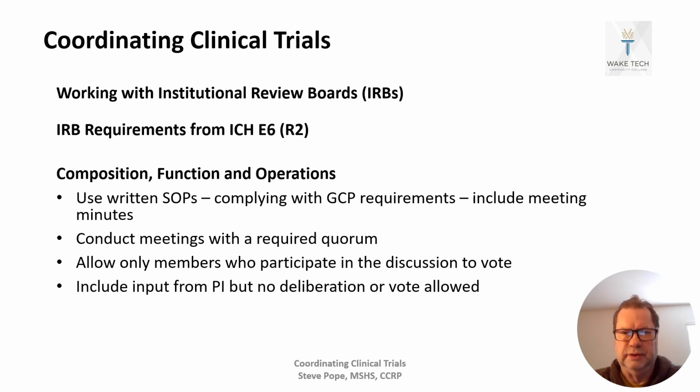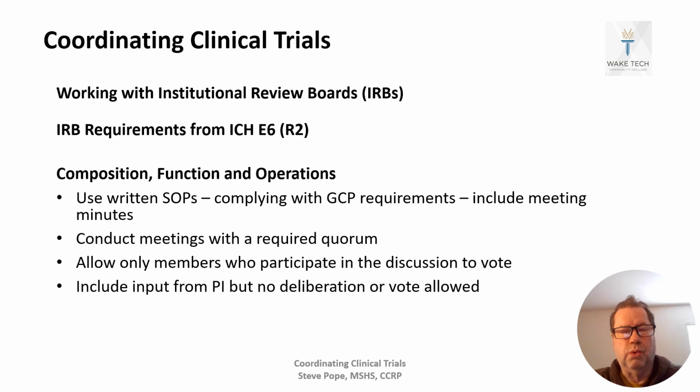Every discussion, each meeting of the committee, who said what, all of that needs to be documented in the meeting minutes. And those meeting minutes have to be made available when asked for by an investigator or a sponsor or a regulatory authority.